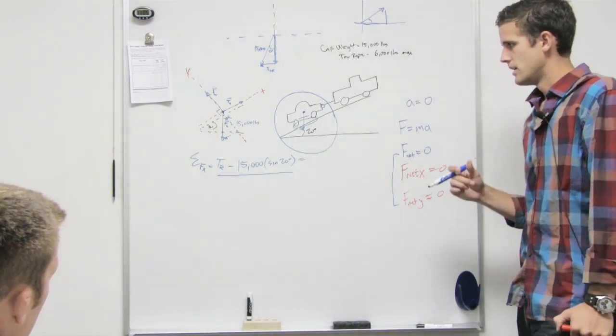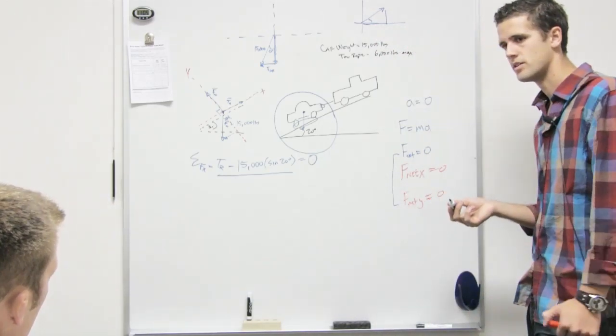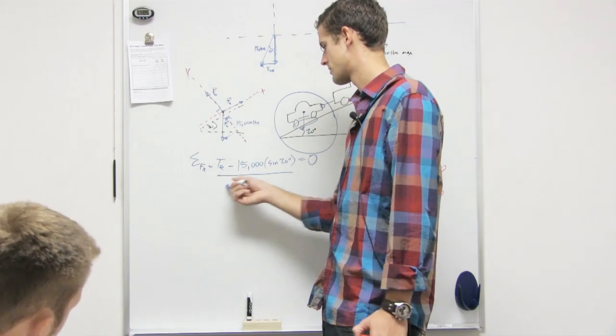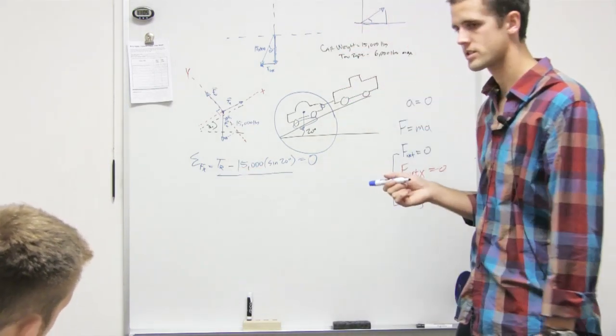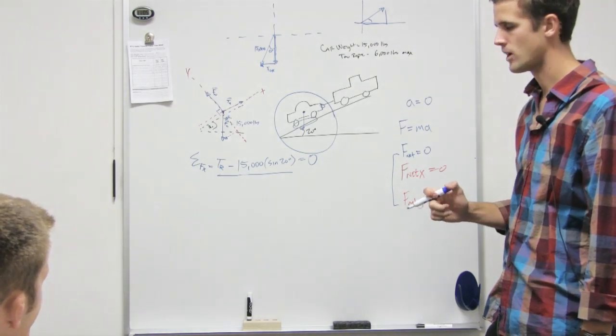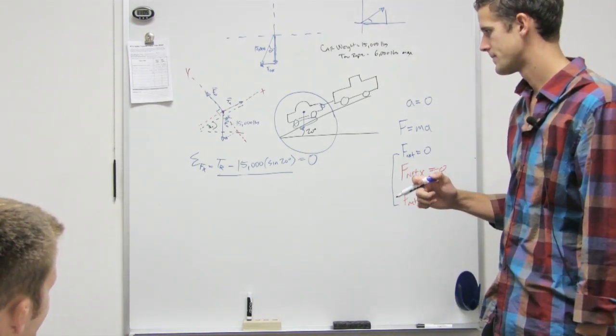Equals 0. Yeah, so if there's no acceleration, that's going to end up being equal to 0. So this is our force equation. This is how we figure out our net force, and this is our acceleration. Well, our mass times acceleration, but if it's 0, it'll be 0.